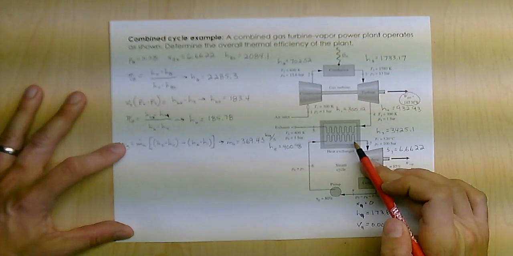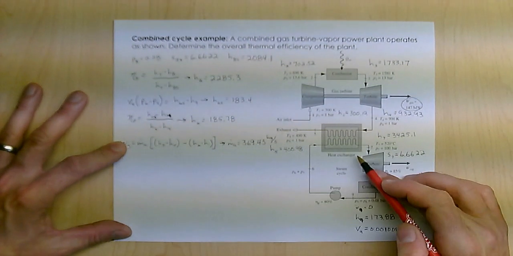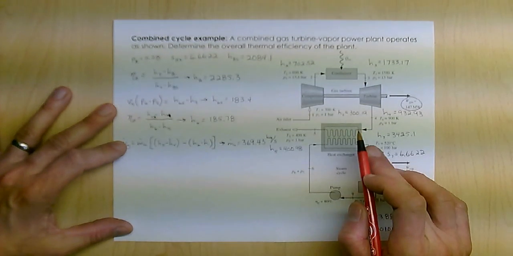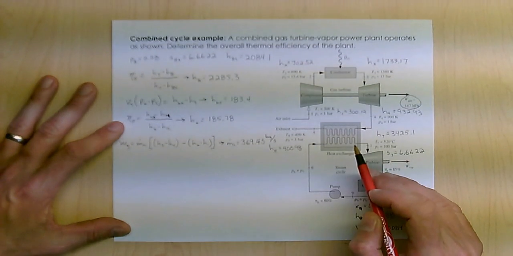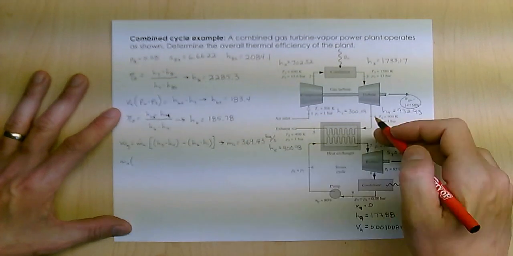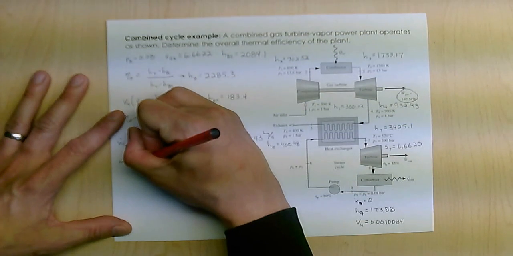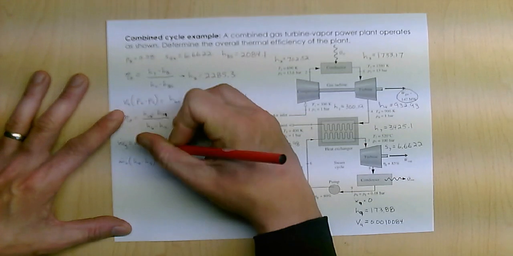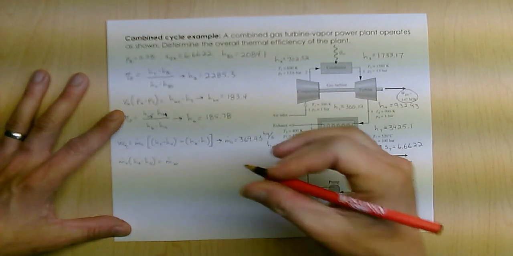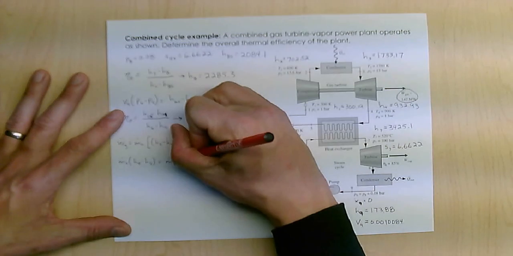Now I need to use that to help me find the mass flow rate of the steam because, again, Q out of the air is Q into the steam. So if I take that mass flow of the air times H4 minus H5, that's Q out of the air, that's going to equal the mass flow rate of the water, the steam, times H7 minus H6.